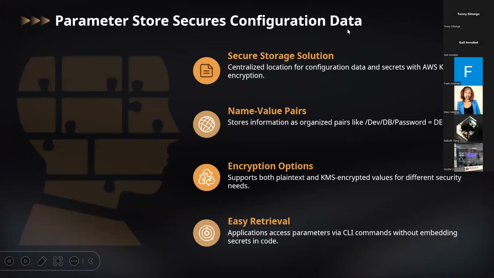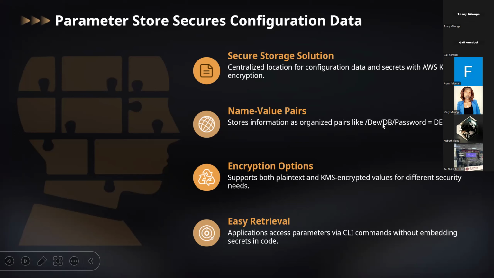Parameter Store, secret configuration. This one stores your secrets. It's like a drawer where you can store your keys. Secure storage solution. A centralized location for configuration data and secrets with AWS KMS encryption. Name-value pairs. Store information organized like this one: the dev DB password is there, the name, and D24 is the value.